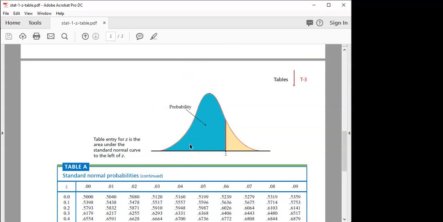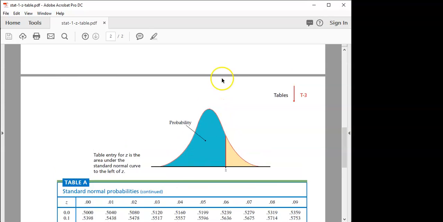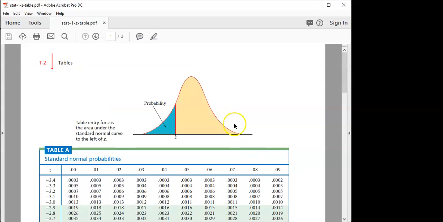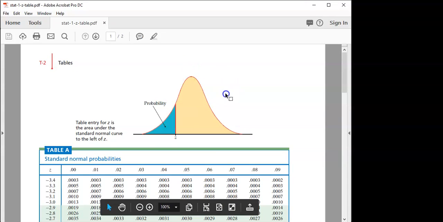So it's going to be a little bit more convenient if you shade to the left, but it doesn't matter as a matter of fact. Even if you shade to the right, the red part, you can clearly see this is 97%. Now, if you do get 3% and look up 3% from your table and get your answer, you can still make it work by changing the sign appropriately. No problem there. Okay, all right.